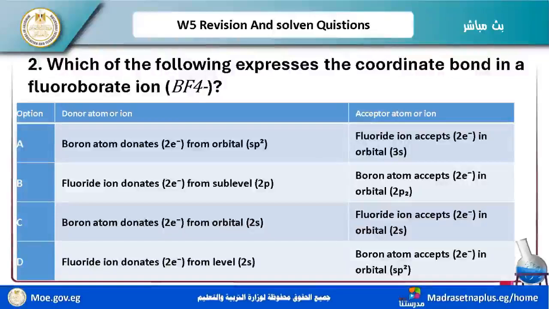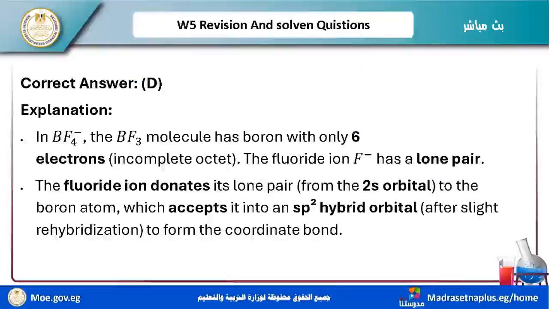And the other, the boron atom, accepts these electrons because we have an empty orbital. Okay, you must complete this slide to explain that. In BF4 negative, the BF3 molecule has boron with only 6 electrons, an incomplete octet. BF3 does not obey the octet rule.